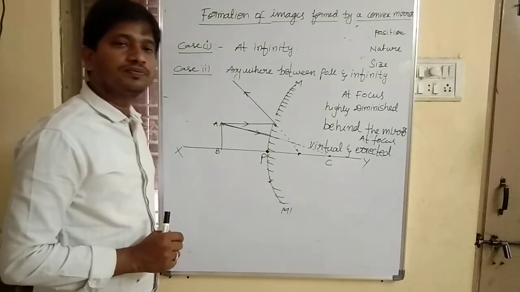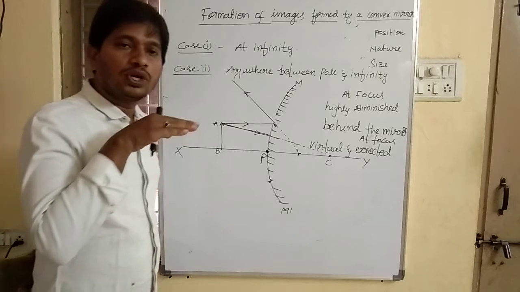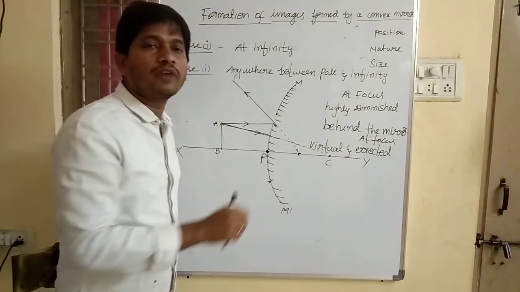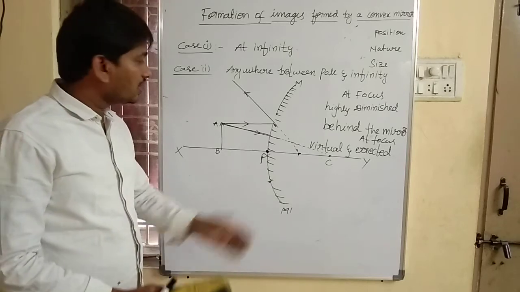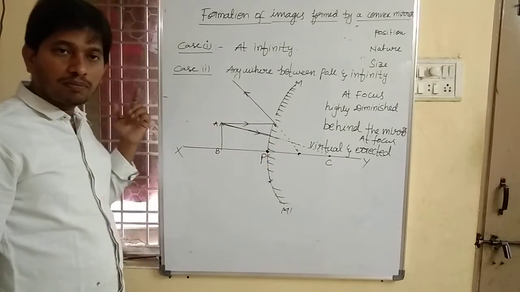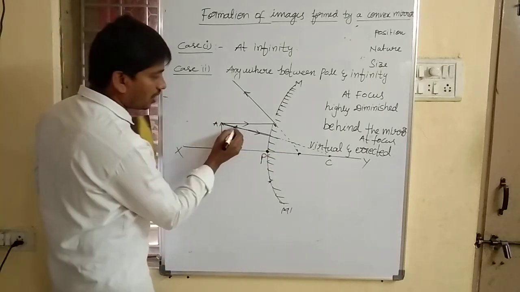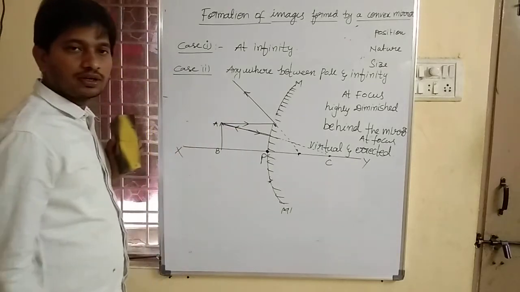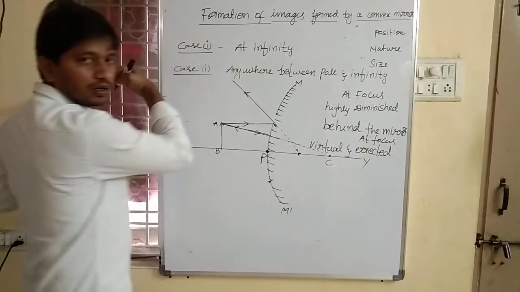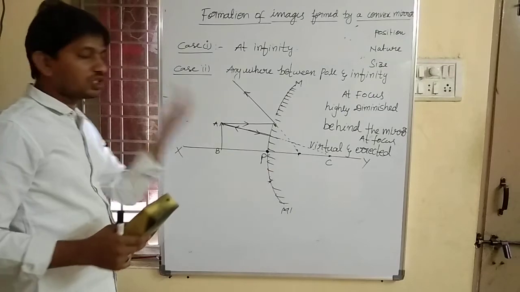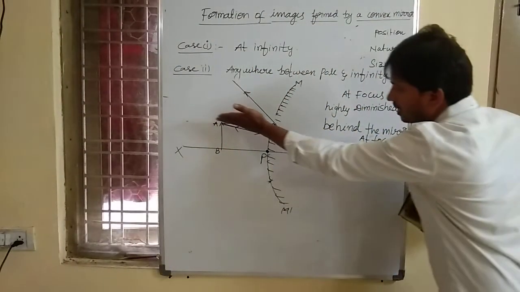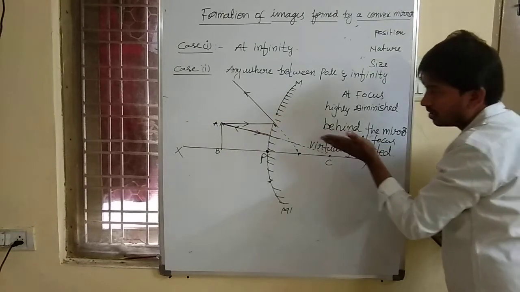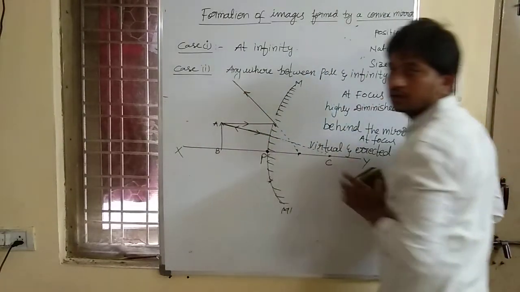According to rule number 2, a ray of light going towards the center of curvature of a convex mirror, after reflection, comes along the same path but in the opposite direction. This is my incident ray, it will come like this and the reflected ray will go like this.